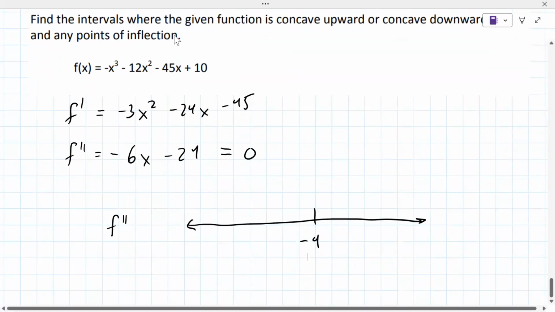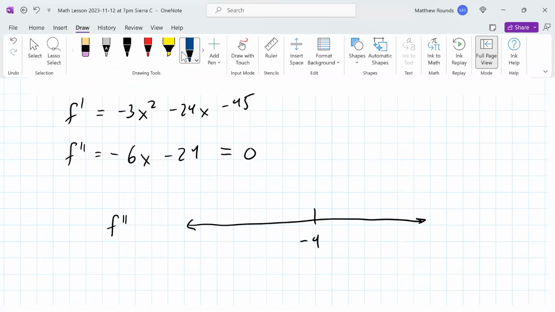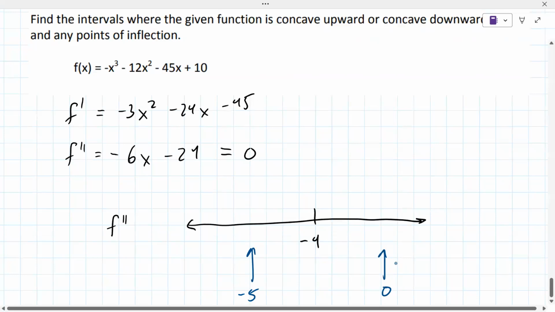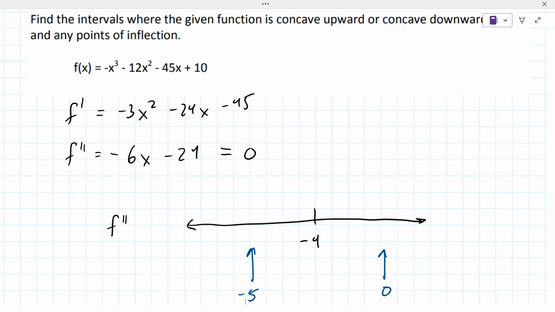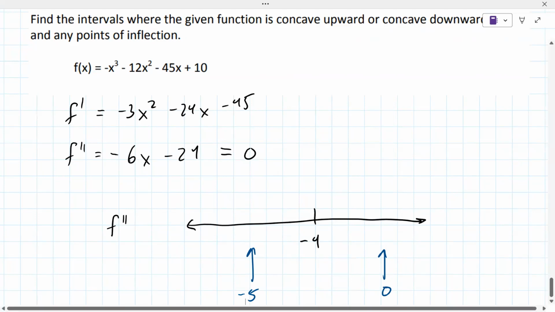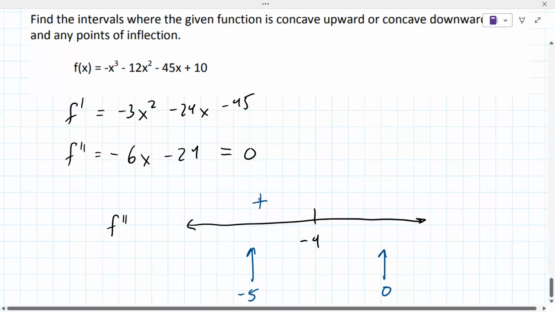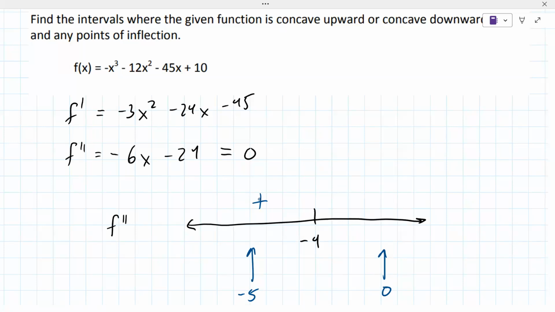Now this time you are testing points, but you're testing them in the second derivative, and you again only care about the sign, whether it's positive or negative. So, the negative 5 point is positive because 30 minus 24 is 6. And then 0 is negative.